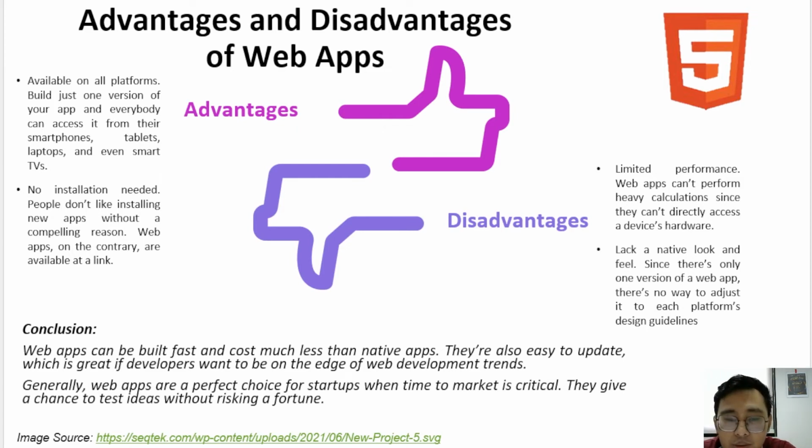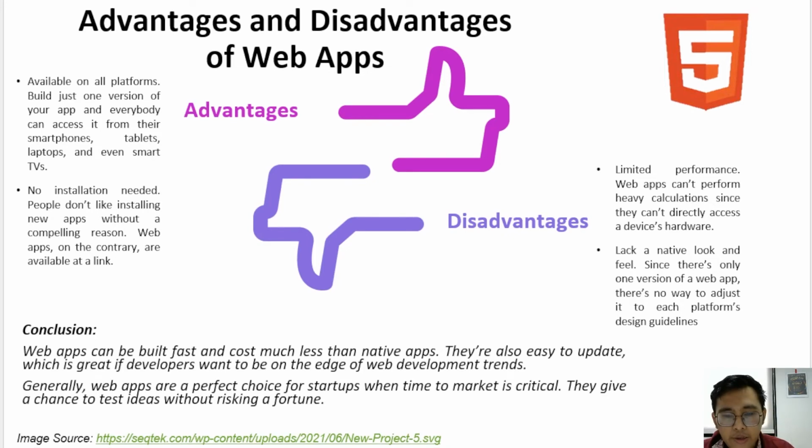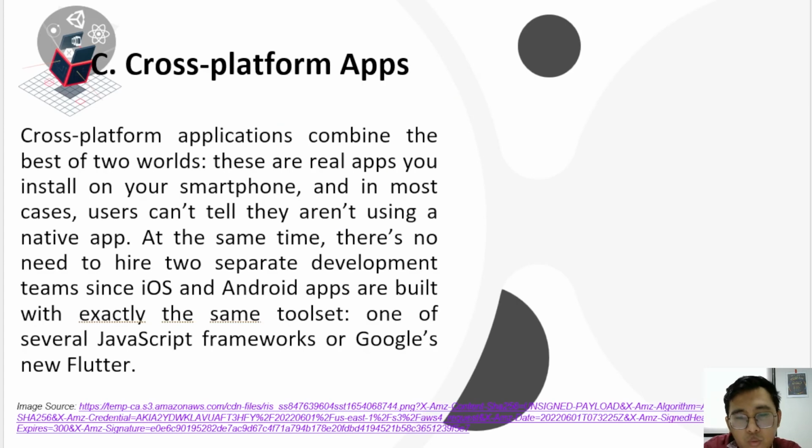And as for cross-platform apps or hybrid apps, we know that this would combine the best of these two worlds, the native and the web application as well, and it could be combined into one real app that you can install on your smartphone or PC or even another handheld operating system that you can use.